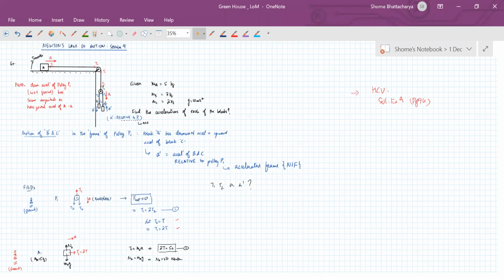And then there is also one question in the exercise, question 28 in the exercise. So both of these questions you can solve by a similar method.